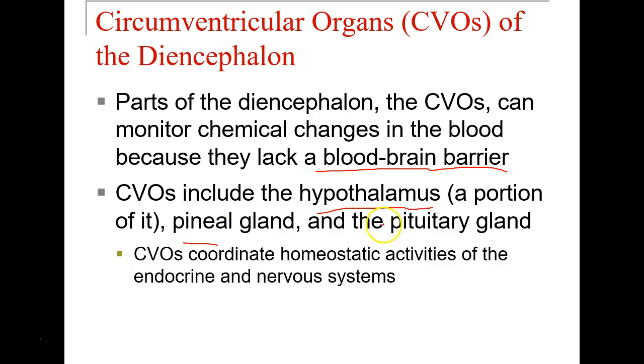We have the pineal and pituitary gland, all helping out. So we're helping maintain homeostatic activities of the endocrine and nervous system. So our two communicative systems in the body are being controlled from the circumventricular organs.